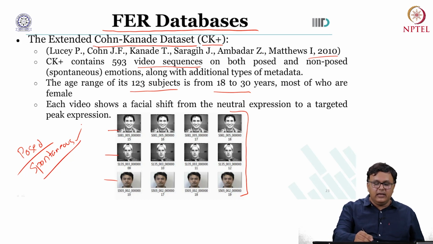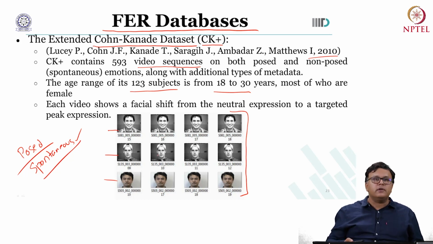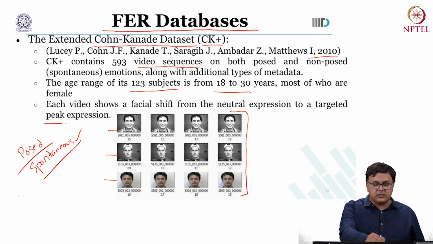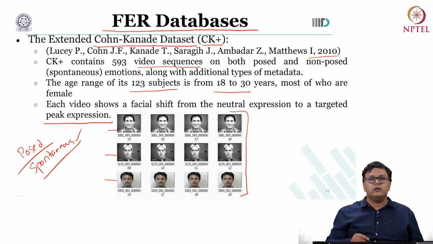Now, mainly these are posed expressions in the case of the Cohn-Kanade data set. Another aspect to notice: we discussed that in the case of static facial expression recognition, we are mainly looking at the peak expression. So researchers here also labeled the peak expression, which in other words means the expression's highest intensity, which is the apex.